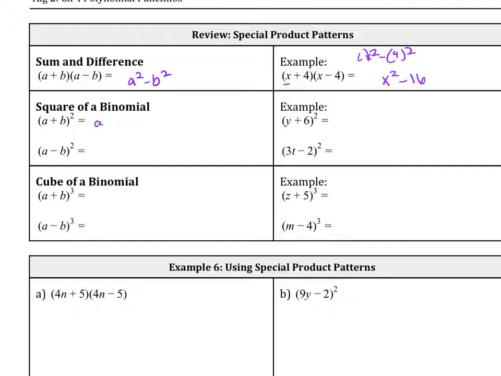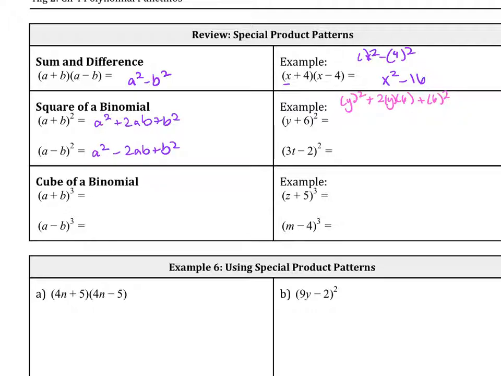This square of a binomial, that pattern is a squared plus 2ab plus b squared. If it's minus in the center, then it's just minus here. So let's apply the pattern to this one. So we can say it's y squared plus 2 times a times b plus b squared.